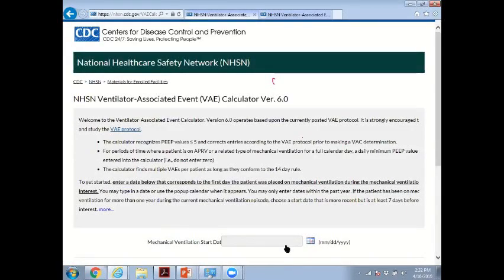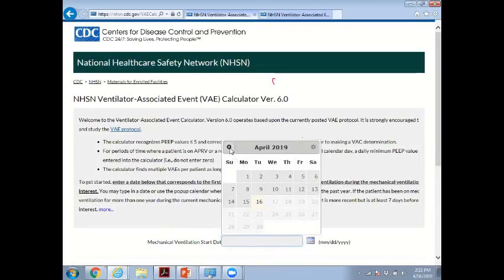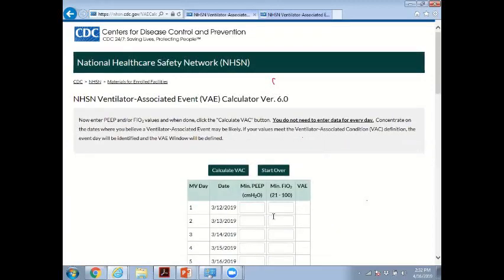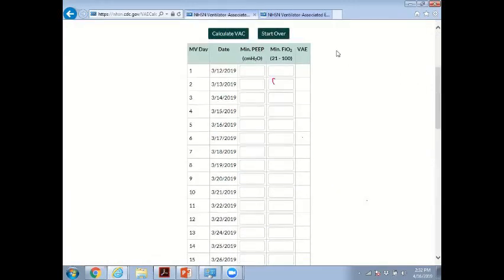So here is how we use the calculator. We write when the patient was ventilated. Let's say for that example he was started on ventilation on the 12th of March. Now we write the minimal PEEP and minimal FiO2.